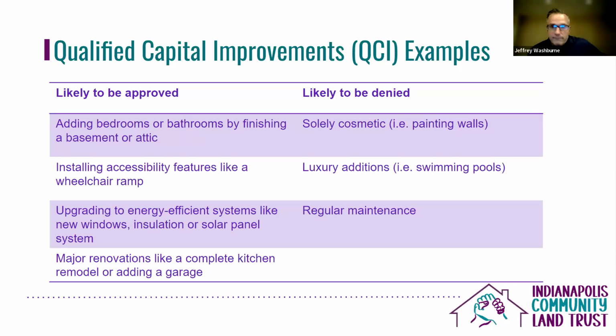If I sold 10 years later, the Indy CLT would depreciate 50% of that because I utilized that new HVAC system for half of its expected life. So I pay $10,000, but when I go to sell, Indy CLT is going to recognize $5,000 of that. That will be mine. The other $5,000, essentially, I've used the life of that, and so I would not get the full $10,000 back 10 years in. I would just get part of that back.